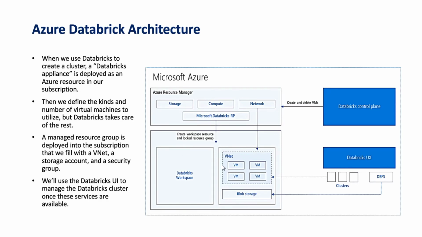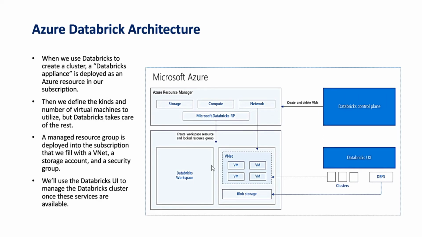When we use Databricks to create a cluster, a Databricks appliance is deployed as an Azure resource in your subscription. Then we define the kinds and number of virtual machines to utilize, but Databricks takes care of the rest. So when we create a workspace and a cluster, at that time you have to define how many virtual machines you need to run or process the data. Based on requirements, we have to choose.